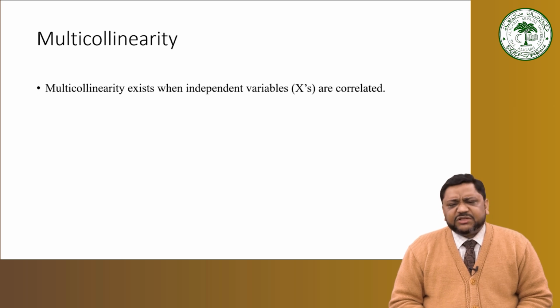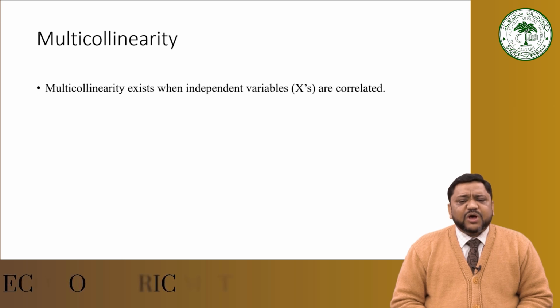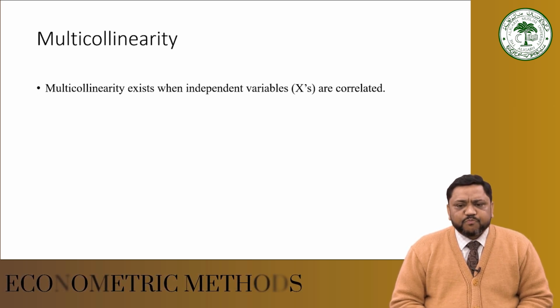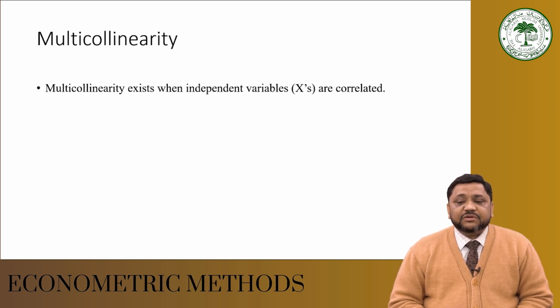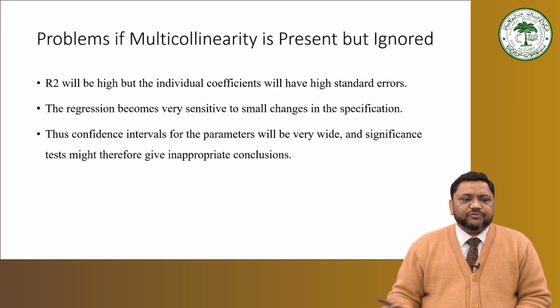It indicates the presence of a perfect or exact relationship among some or all of the explanatory variables. It implies a linear relationship only. We will see that, and it is a sample phenomenon and not a population problem. Also, it is a matter of degree and not of kind. We will be going on.